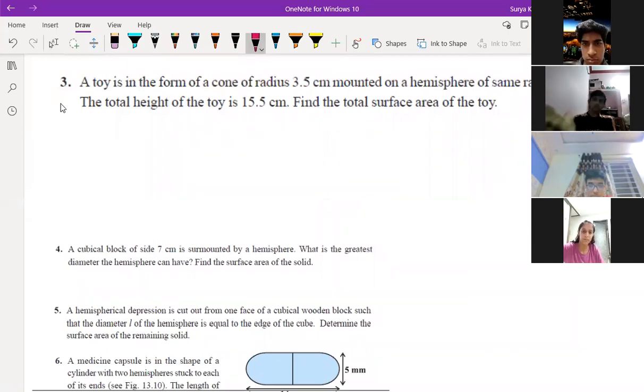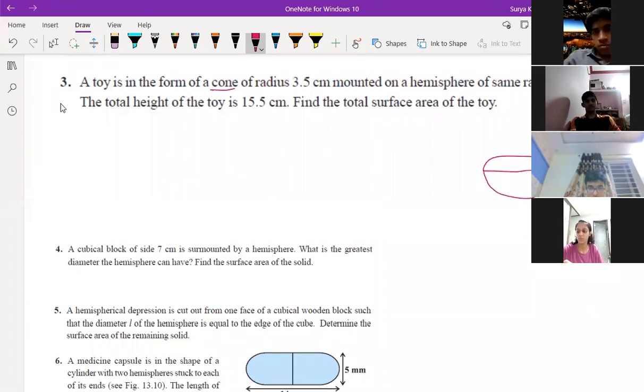So the toy is in the form of a cone and mounted on a hemisphere. It means the hemisphere is down and your cone is coming up, like this. Understood, all of you? Yes, sir.